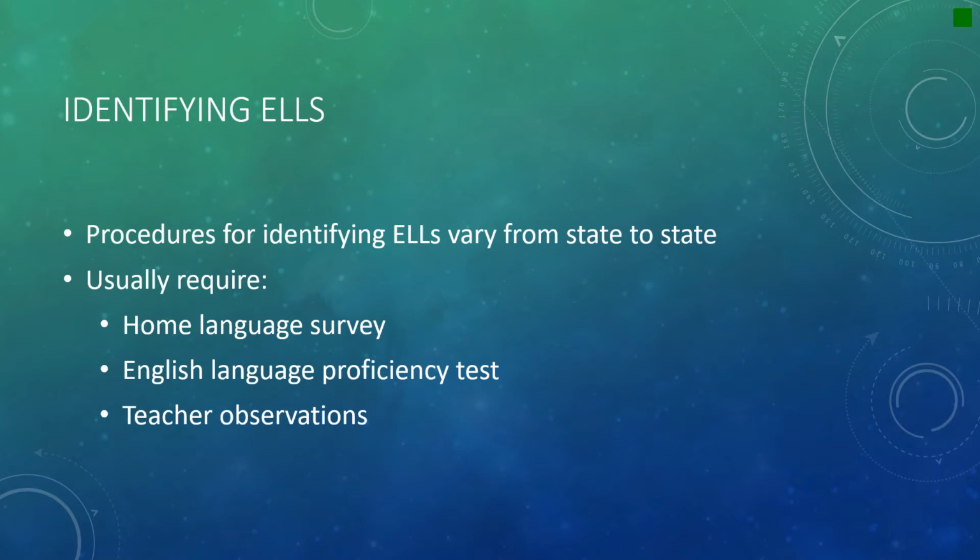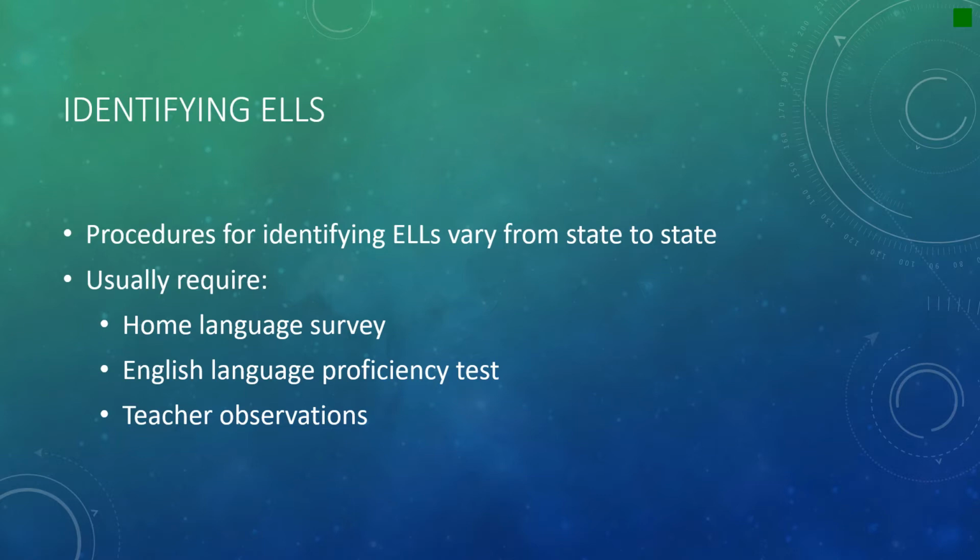Because in our country we leave a lot of power with regards to education to the state level, there are variations in how ELLs are identified. However, typically what happens is a school will have a home language survey.